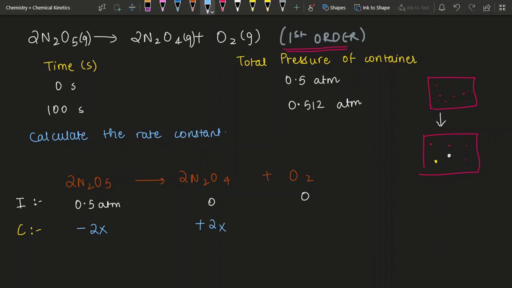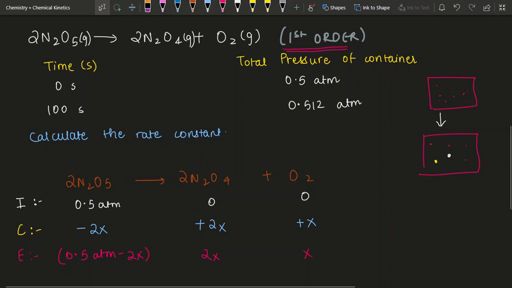And similarly for O2, for each 2 molecule units of N2O5, there is just one molecule of O2. There is an increase of plus x in the pressure of O2. Now, if you sum it all up, in the end, you have 0.5 atm minus 2x, the pressure of N2O5. The pressure of N2O4 is 2x, and the pressure of O2 is x.